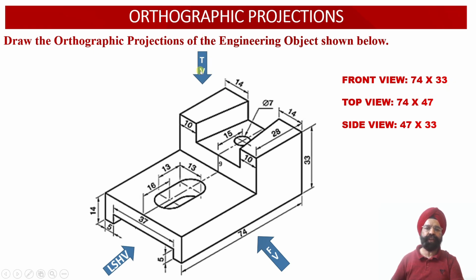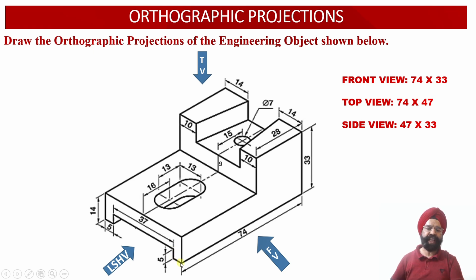Similarly, when we look at this object from the top view orientation, once again the width of the solid is equal to 74 millimeter, while the depth of the solid has been provided to us as 47 millimeter. Here we can check the depth of the leg which is lying on the front side.